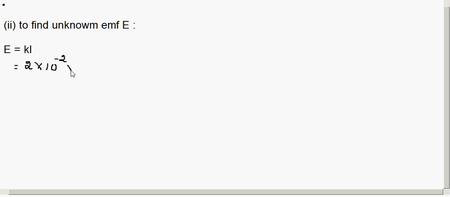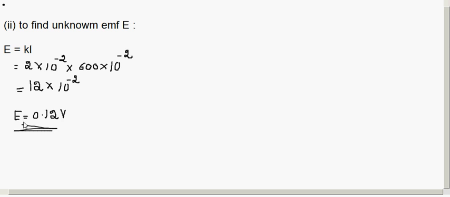Into 600 centimeter is the balancing length, so it is 600 into 10 to the power minus 2, or 6 meter. So this is equal to 12 into 10 to the power minus 2, or E is equal to 0.12 volts.